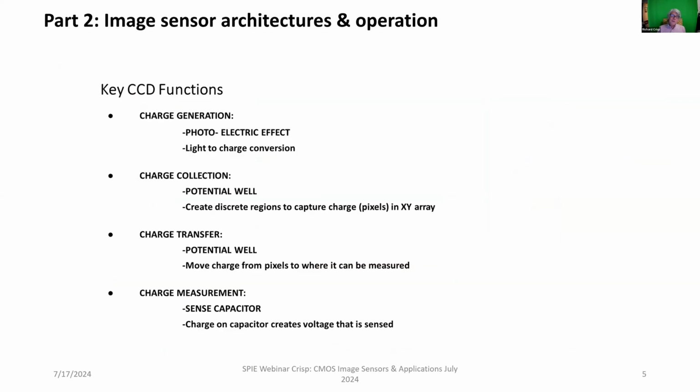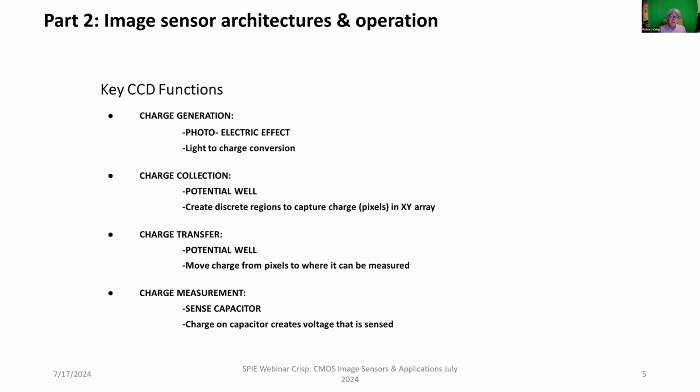Okay, now that we figured out how to generate charge carriers from the light, and we found that there's a way that we can confine those charge carriers to regions that are useful, let's talk about how we build an image sensor out of that. There are a few key functions on a charge coupled device, a CCD, and that's what I'm going to discuss first.